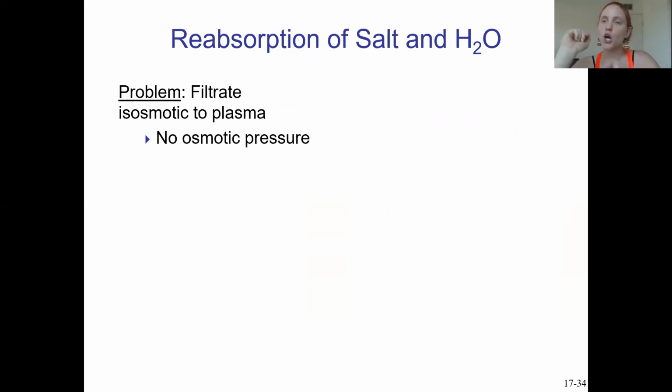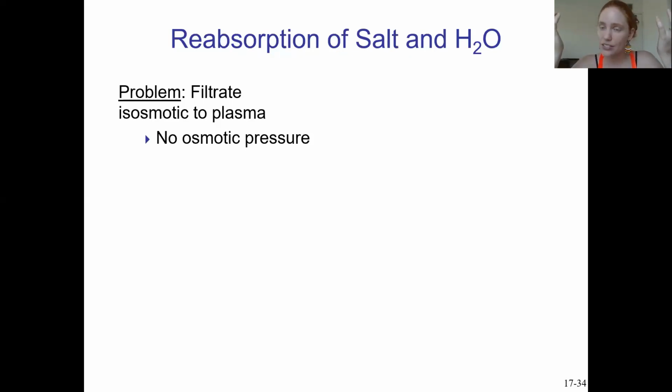That means that the concentration of solutes in the plasma is now going to be the same as the concentration of the solutes in the filtrate, because the filtrate was created from the plasma. So they're going to have the same concentration. That means that they're isoosmotic to each other. They are isotonic. So there won't be any net movement of water between them. There's no osmotic pressure for the water to leave the tube.